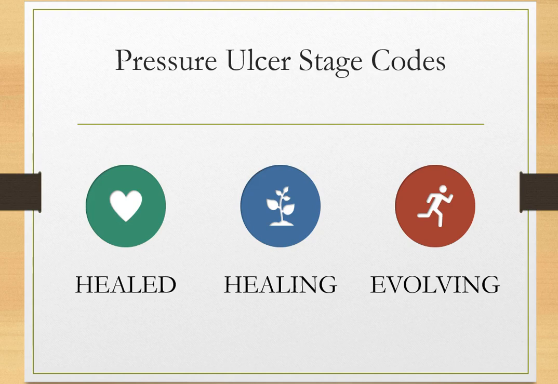All right, speaking of admission, if a patient is admitted into inpatient with a pressure ulcer at one stage and then it progresses or evolves to a higher stage, two codes should be assigned. One for the site and the stage at admission, and then a second one for the site and the highest stage that was reported during that hospital stay.